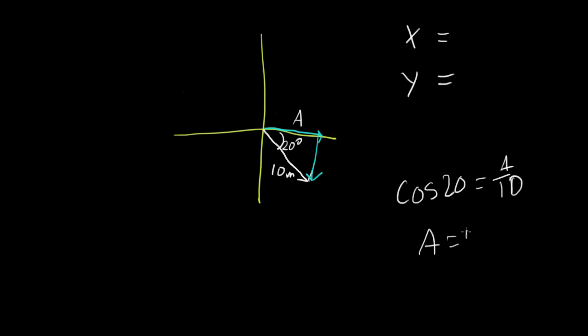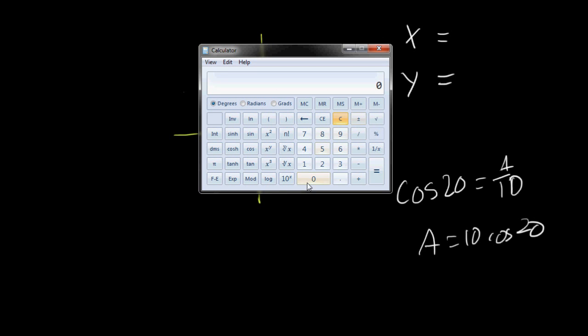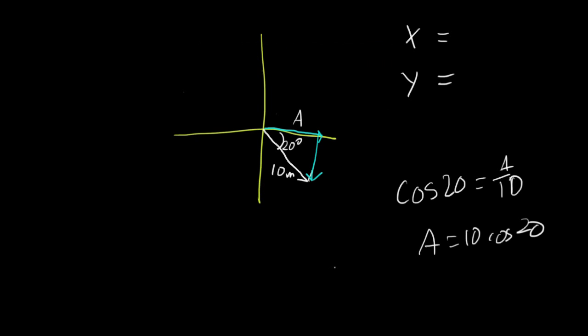So it's going to be 10 cosine of 20, which is 9.40 meters.